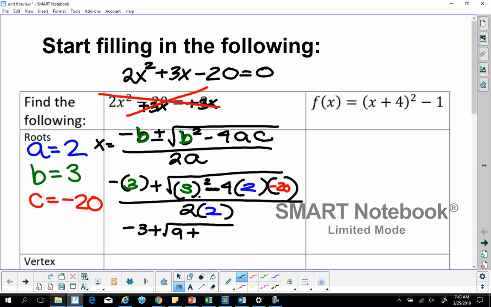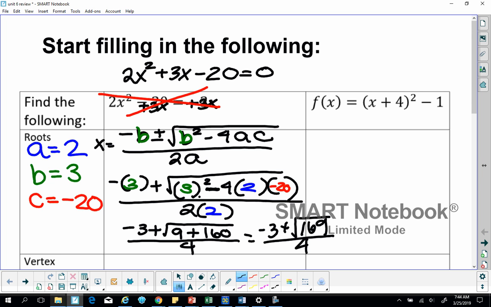Times 4. Yes. All over 4. So that way you're typing less into your calculator. What is 160 plus 9? 169. And that way you can just put that into your calculator. It might be a little bit easier than if you're typing that whole thing. So you can always simplify that beforehand.